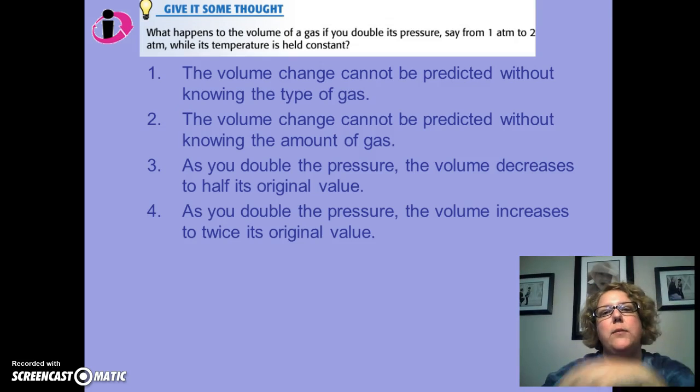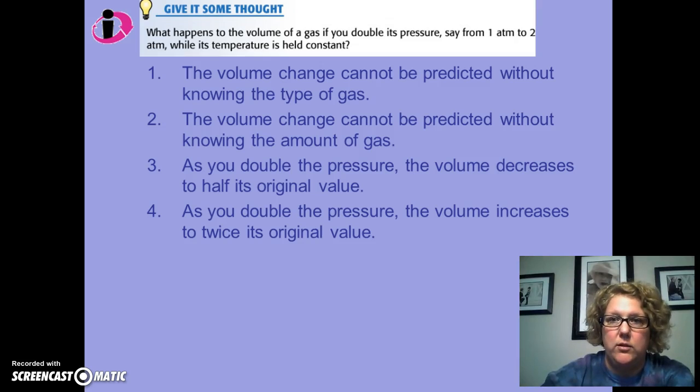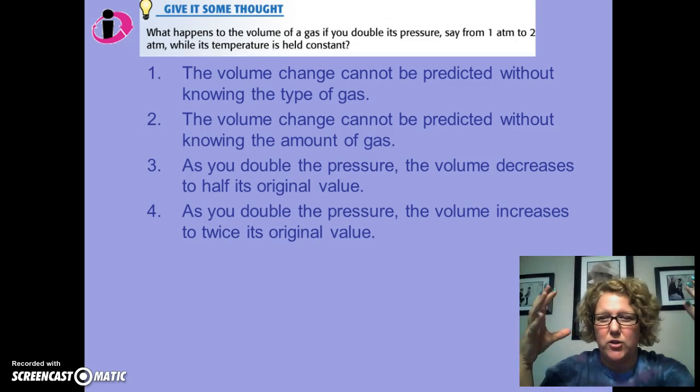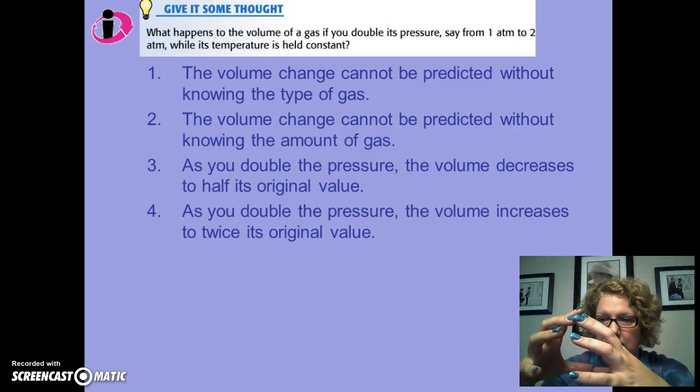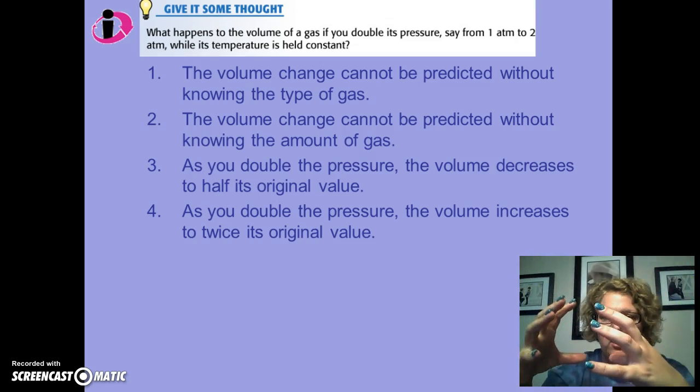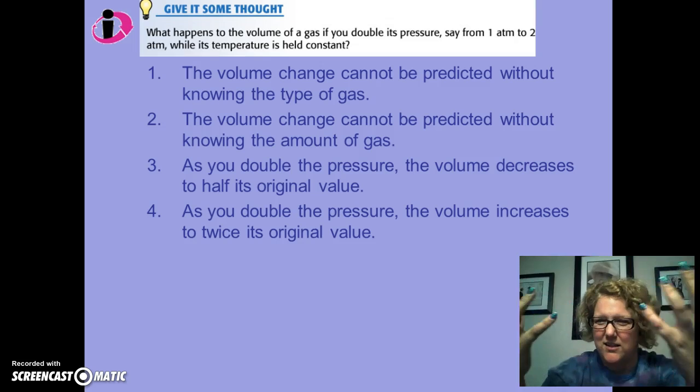All right, so here's a thinking question. What happens to the volume of a gas if you double its pressure, say from 1 atm to 2 atm, while its temperature is held constant? So you're keeping everything the same, except you're doubling the pressure. What will that do to the volume? Now remember, we're talking about the pressure that's surrounding the gas, the pressure that's pushing on the container that the gas is in.